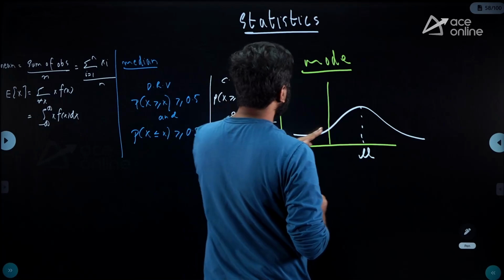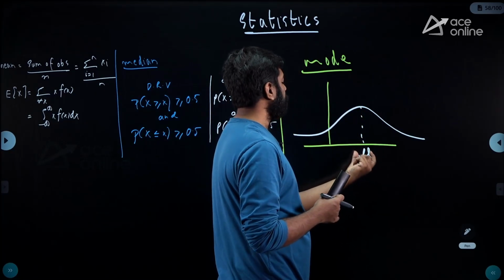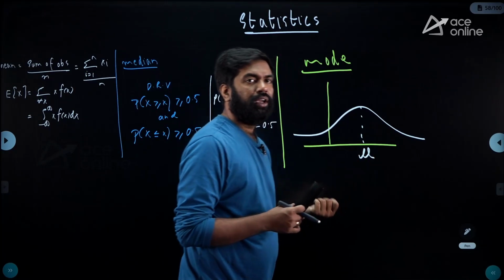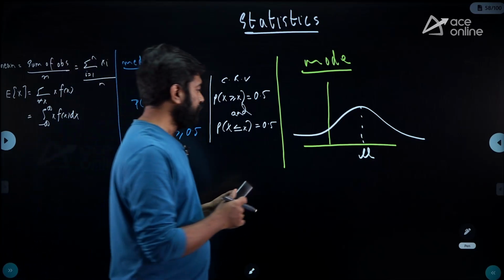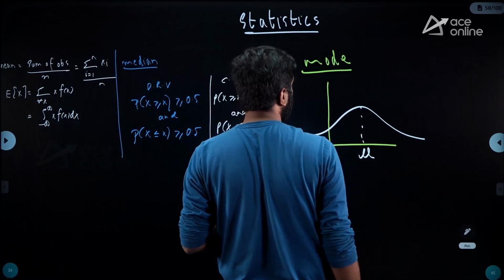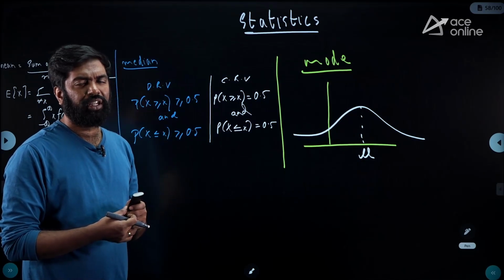You will see where the density function reaches a maximum value. Here the density function reaches its maximum at mu. In this case, the mean is equal to the median is equal to the mode. So for this case, mean, median, mode are the same. But if I change the density function, the answer might change.